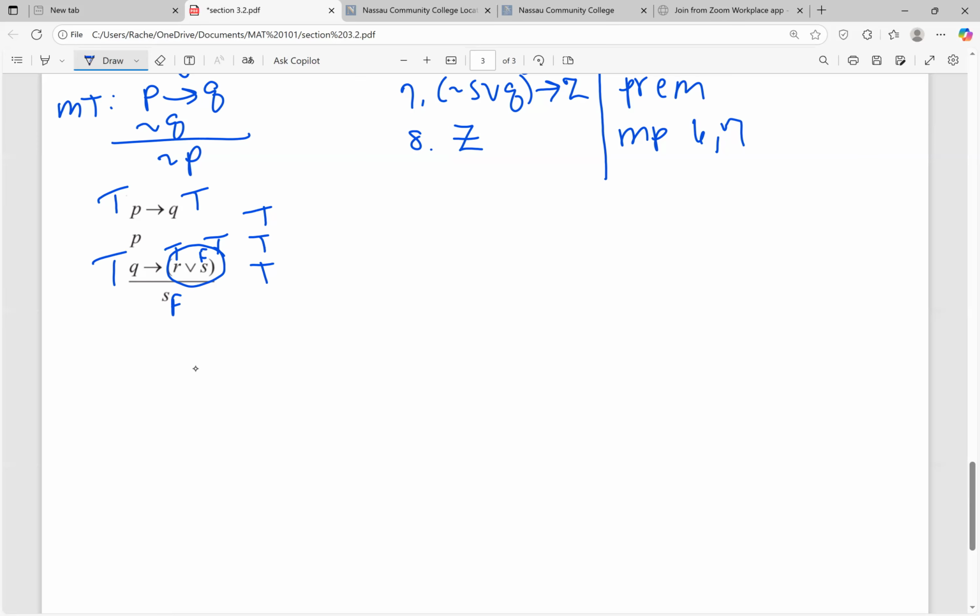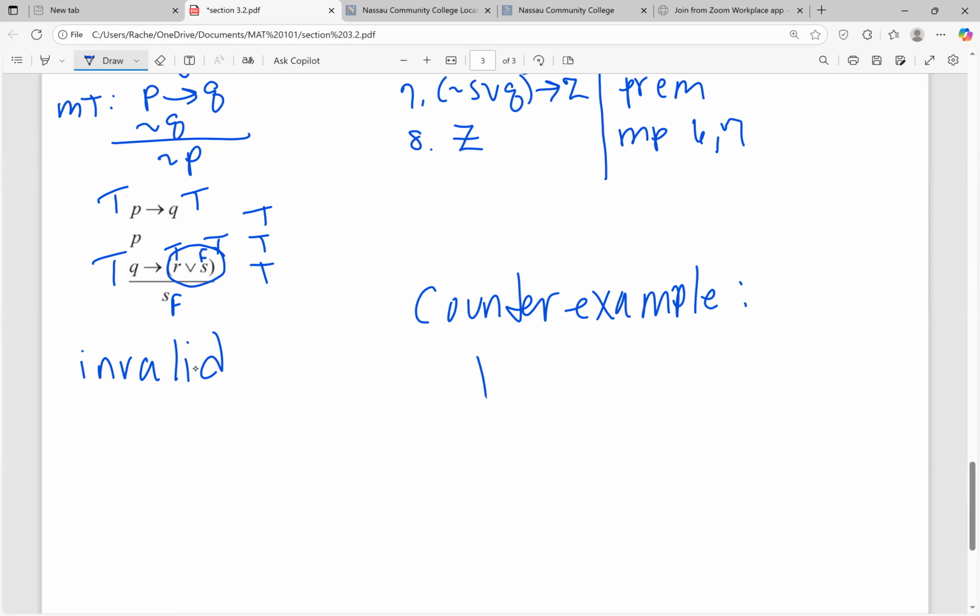But then the argument's invalid, right? So there is that possibility that if S were false, then my premises are true, but my conclusion's false, therefore making this argument invalid. So my counterexample would be, so we have P, Q, R, and S. So P we said is true.